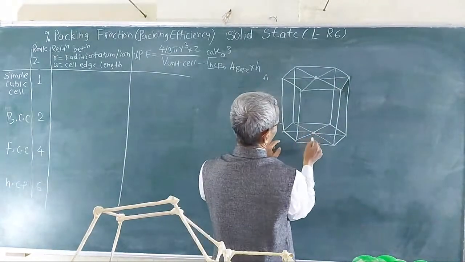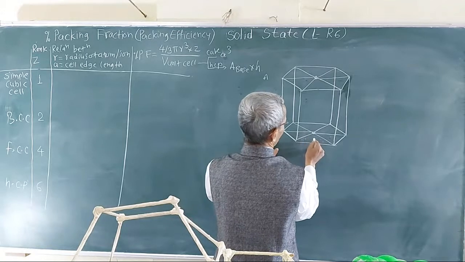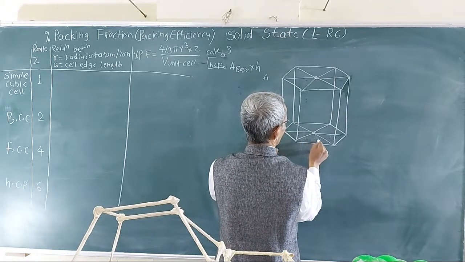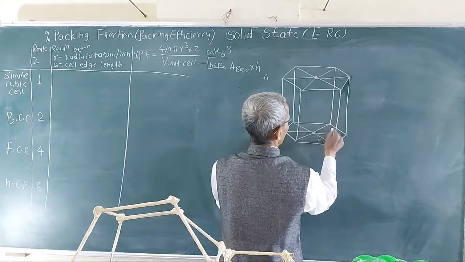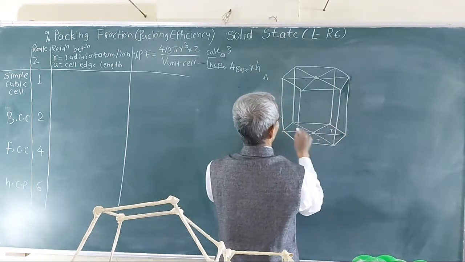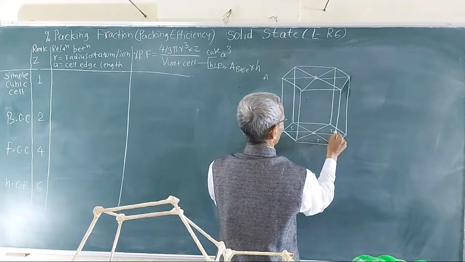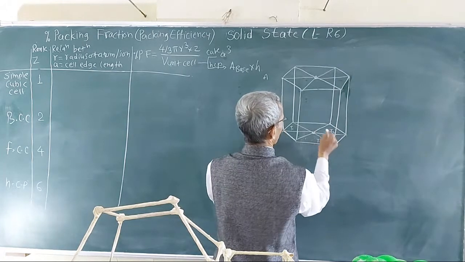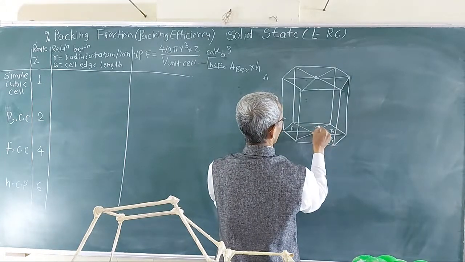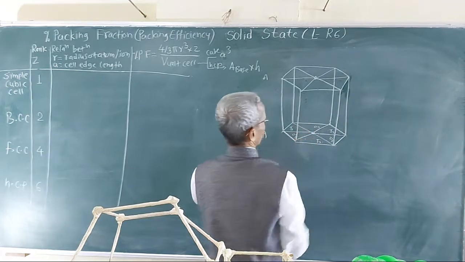Suppose this is one of the holes. There is a tetrahedral void. This is again alternating, tetrahedral void is there. Here again tetrahedral void is there. Suppose T1, T2, T3. Here there is an octahedral void O1, octahedral void O2 and octahedral void O3.